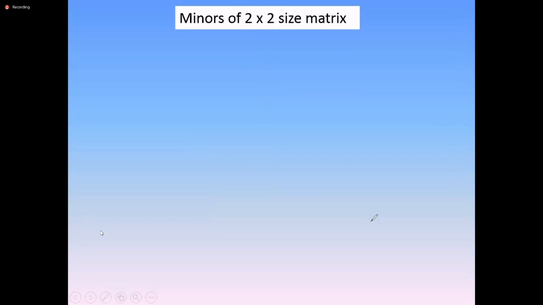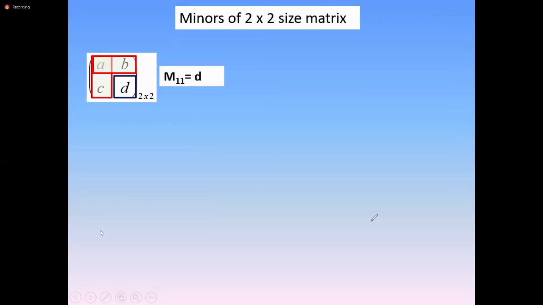Then let's go to the minors of a 2 by 2 size matrix AB. Then it is very easy. Then no need to do cross product. What are the remaining values? If you go to the element here, then it remains only a single value, that is the minor value.